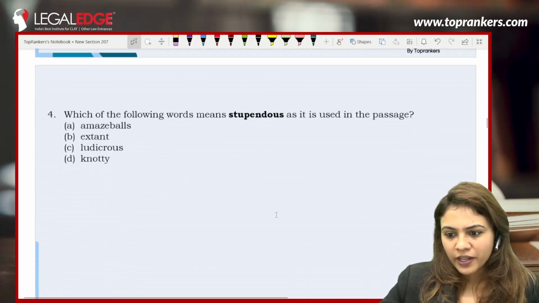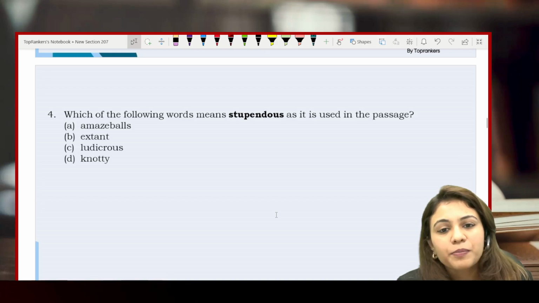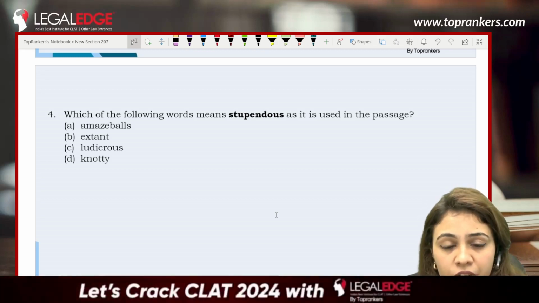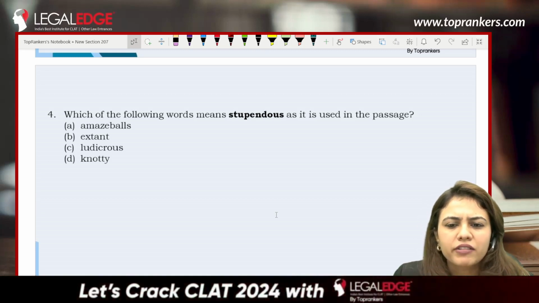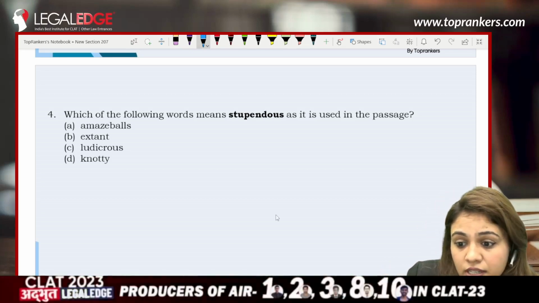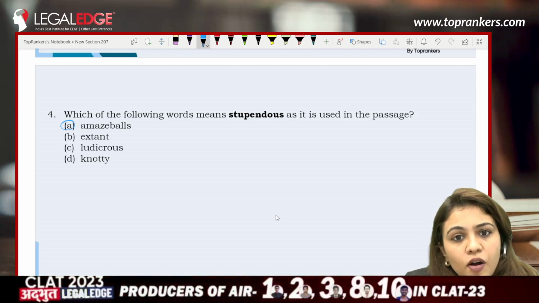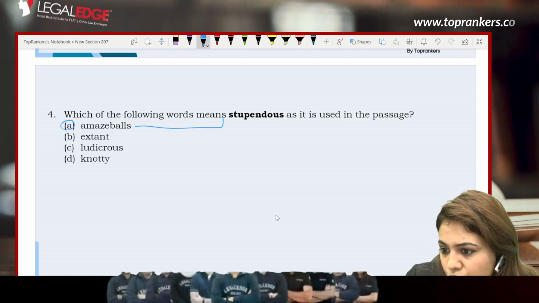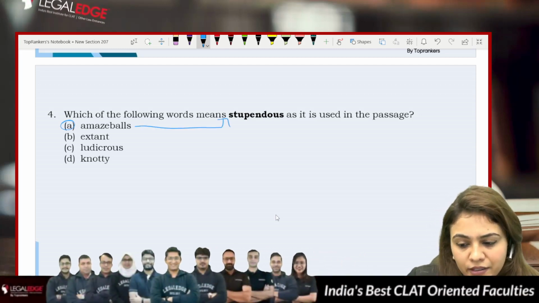Moving on to the fourth one. Which of the following words mean stupendous? I already told you that stupendous का मतलब होता है something really, really amazing, impressive, influential. So in this regard, amazeballs is the most suitable synonym for stupendous.